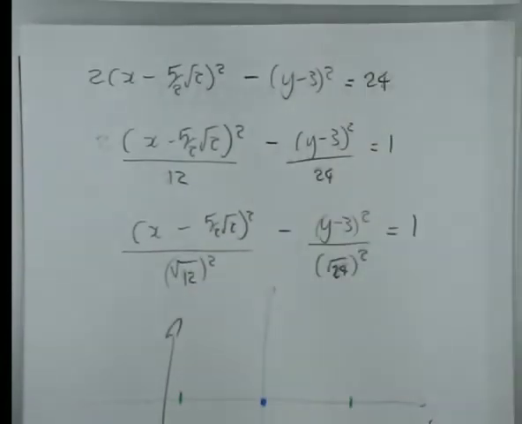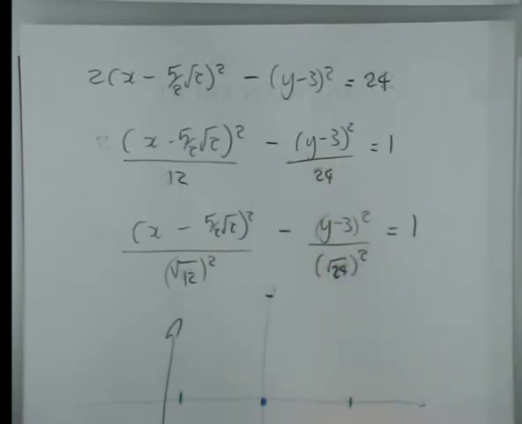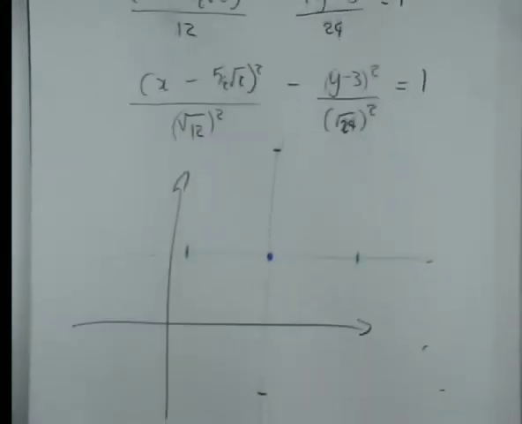Yes, 8 minus 9 is minus 1. Yay. Okay, so that means it's actually here. So that's close enough. Root 24 is nearly 5. And so there's my box.